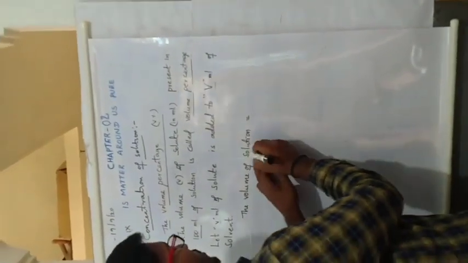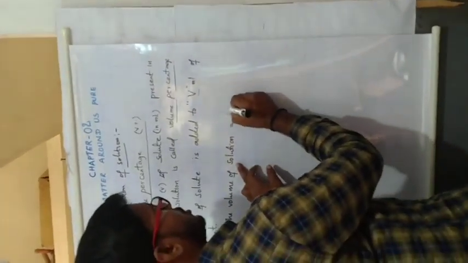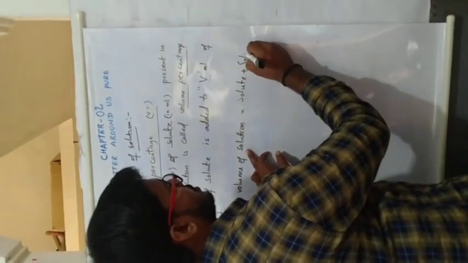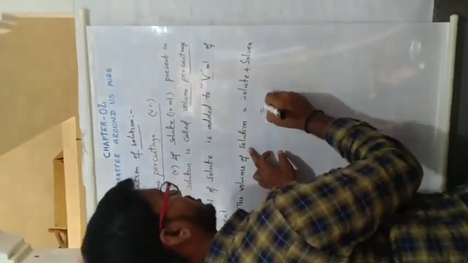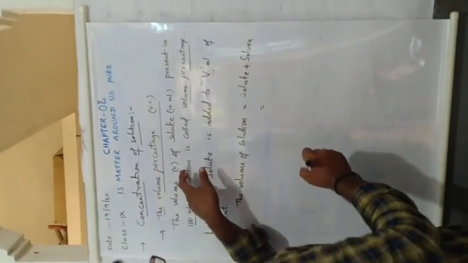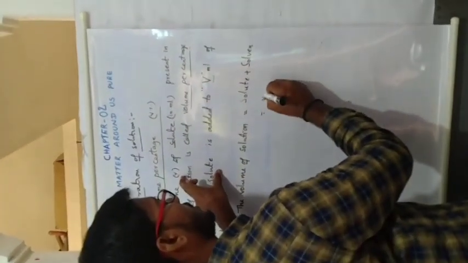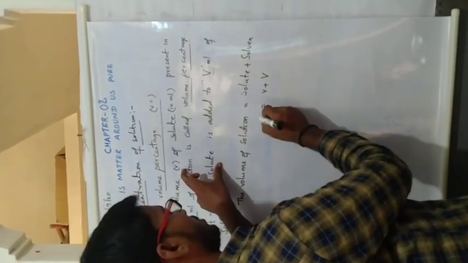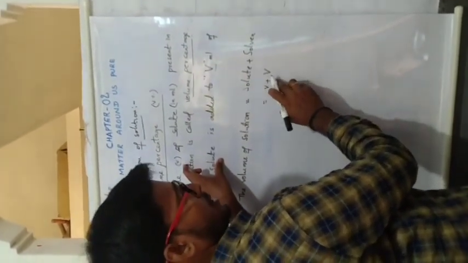What is the formula for the volume of solution? Solute plus solvent. Here we denote solute as small v and solvent as capital V. So volume of solution equals small v plus capital V.